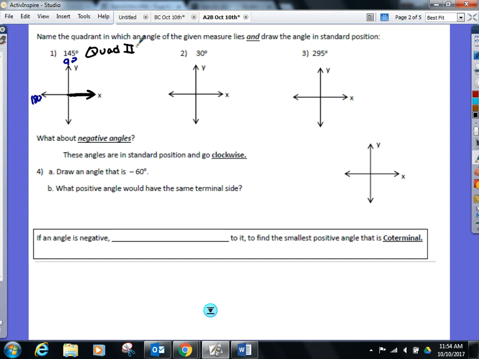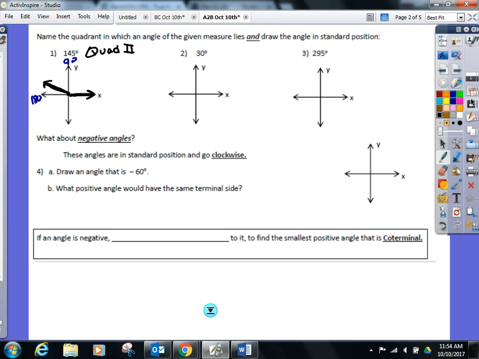Well, you can tell, can't you? If this goes by 90s, isn't 45 in the middle? What's 90 plus 45? 135, not 145, so it's not in the middle. Where's it going to be? Closer to 180. So make your terminal side closer to 180, please.